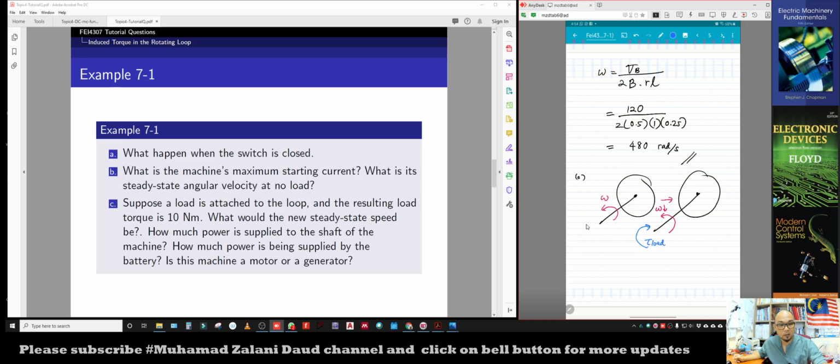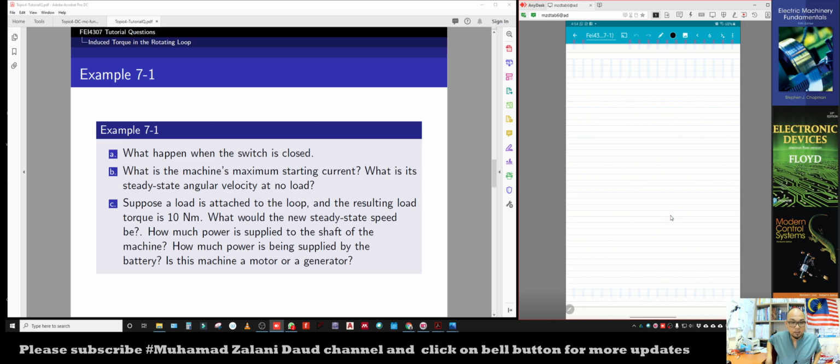Okay, now in C, we want to find the new steady state when tau load is 10 newton meter. I'm going to solve this in the next page.